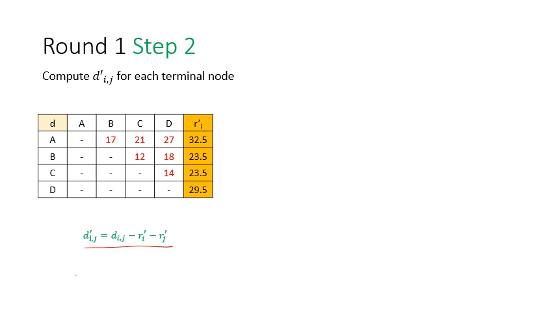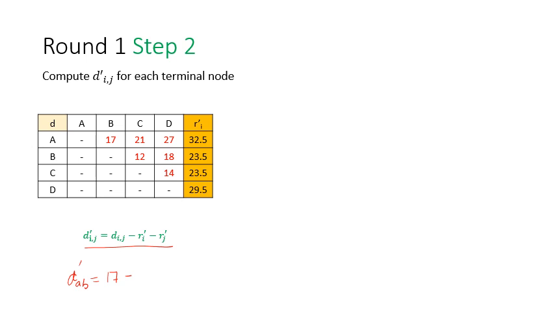So d prime ij, where I is A and j is B. Okay, first we'll calculate for A and B. d prime is equal to the distance of I to j. The distance of I to j is basically the distance of A to B, which is 17, minus r prime I value.